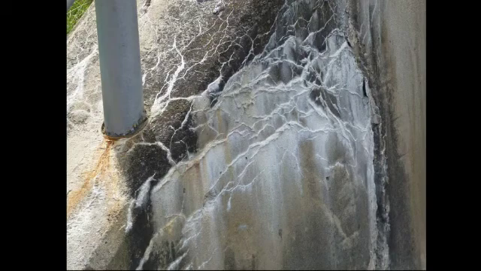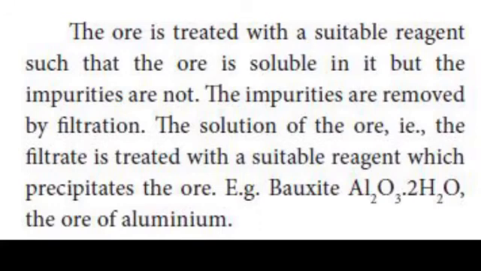Then this is the method of leaching. The method is employed when the ore is in a very pure form. In this leaching method, the ore is treated with a suitable reagent such that the ore is soluble.